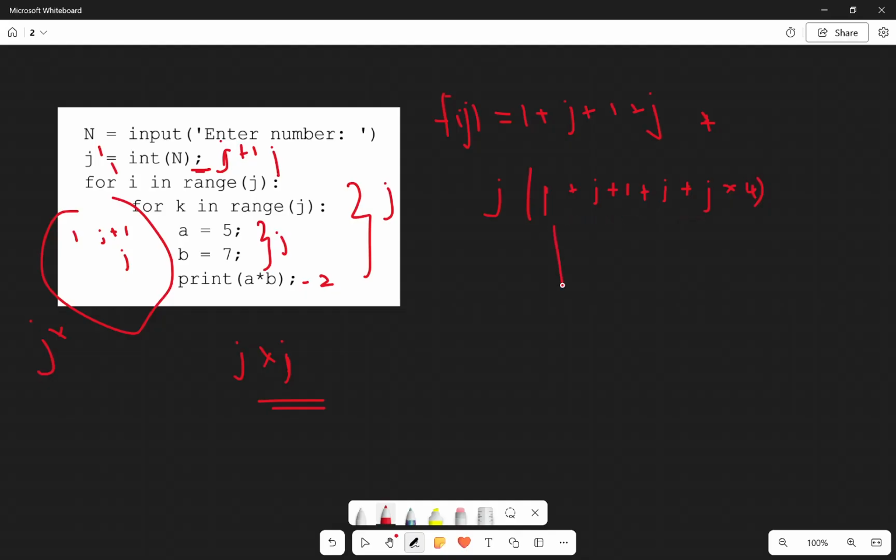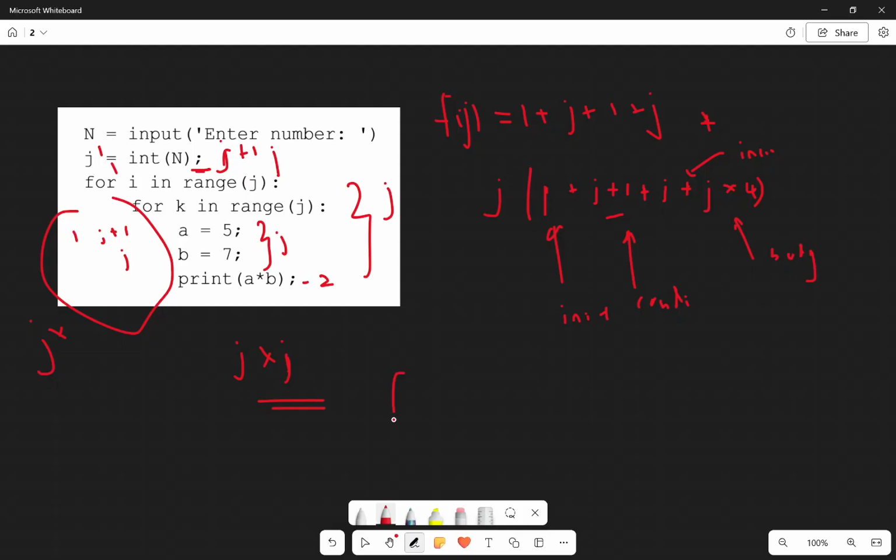So this is the initialization, this part is for the condition, this j is for the increment of the inner loop, and this one is for the body.